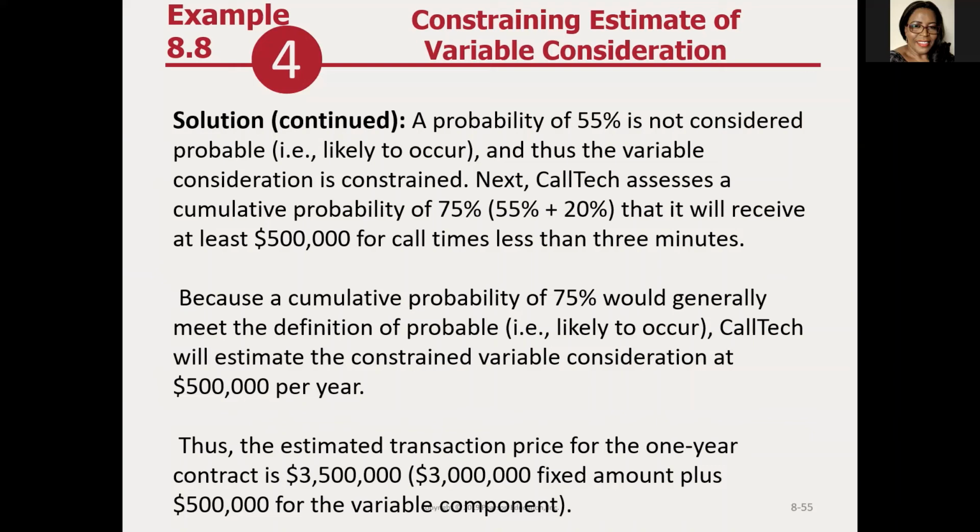The estimated transaction price for the 1-year contract is $3.5 million. That's the $3 million fixed amount plus the $500,000 for the variable components. So the transaction price for the 1-year contract is $3,500,000.